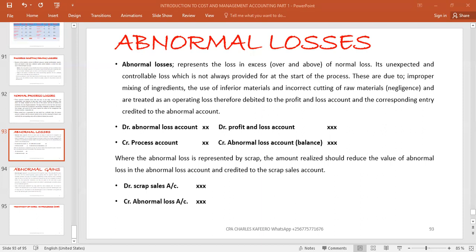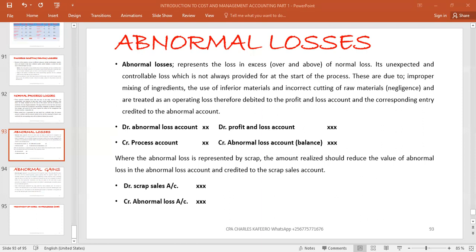Hope you've got that. Then we can go through these notes and see how we can understand more. Maybe to add something: if those abnormal losses are not wastages but scrap units, and they have a sellable value, you can sell them.